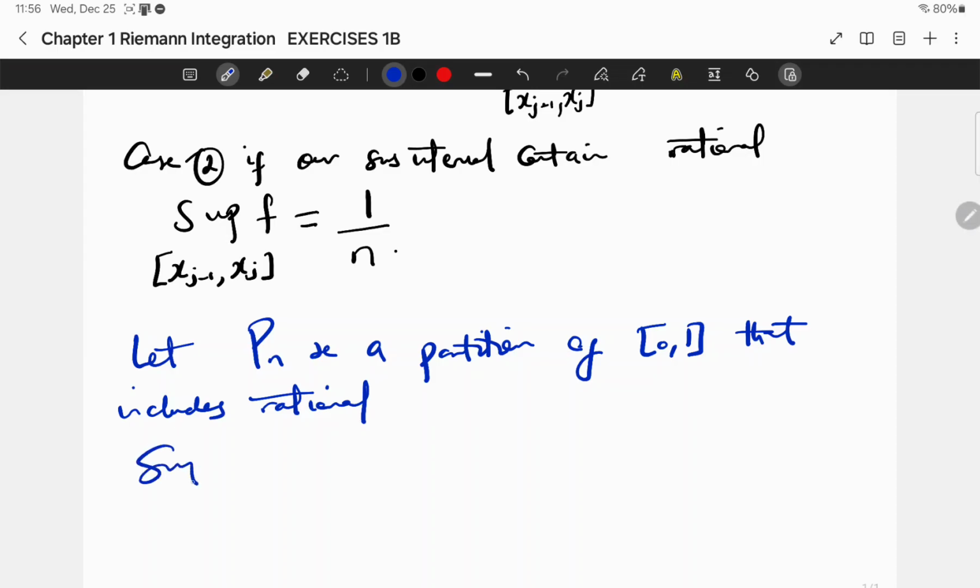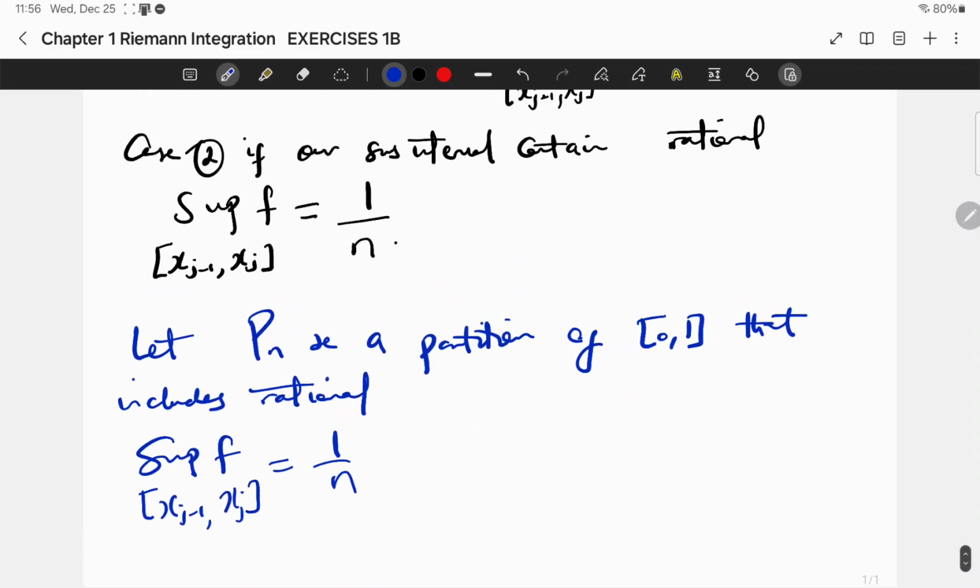So our sup of f over s_{j-1} to s_j will be equal to 1 over n. Then you will notice that as n tends to infinity, our sup of f over s_{j-1} to s_j will also tend to 0.